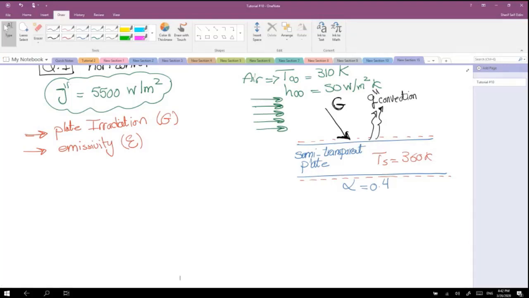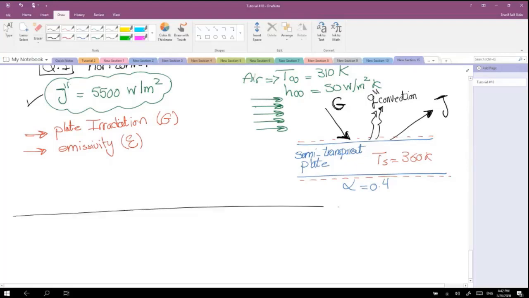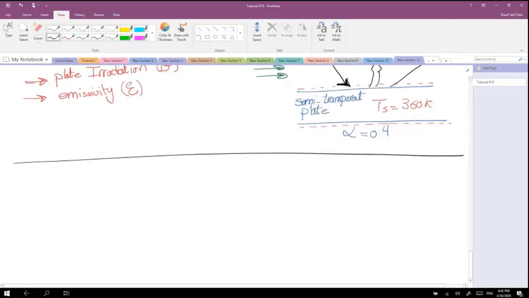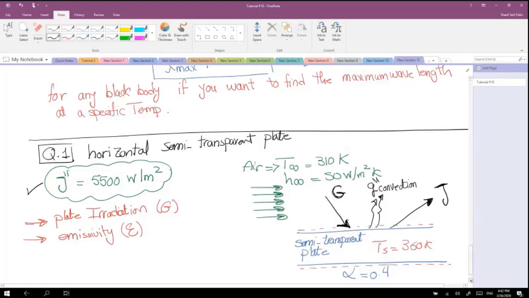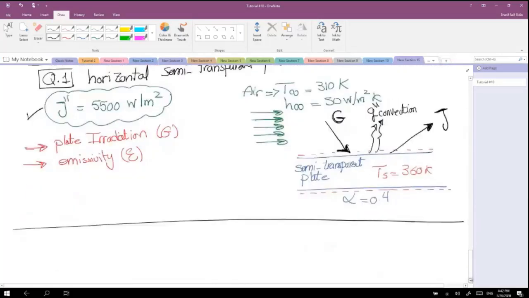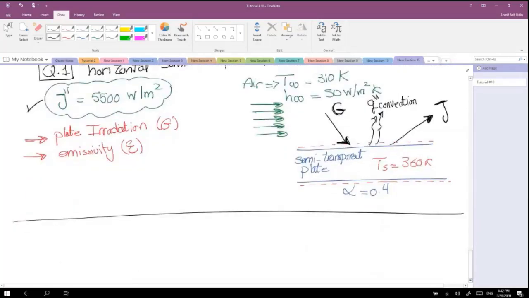And also going out here is J, which is given here. So J is the radiosity going out of the surface, G is the irradiation coming into the surface, and Q convection is because of the airflow over the plate.